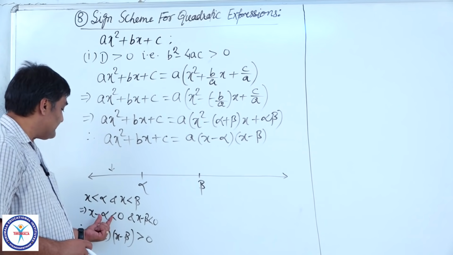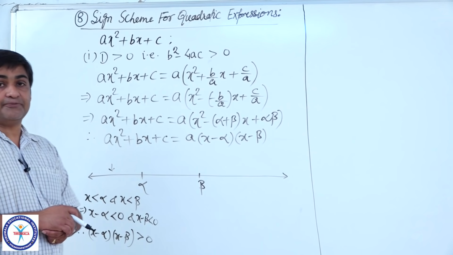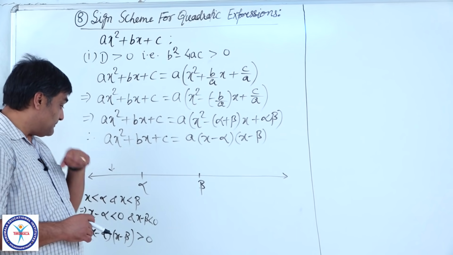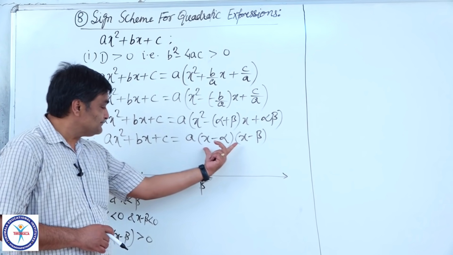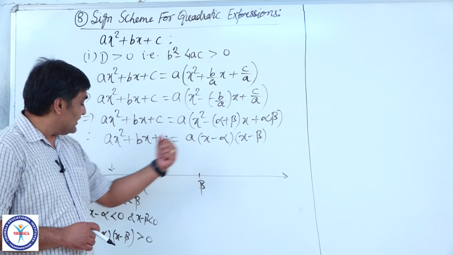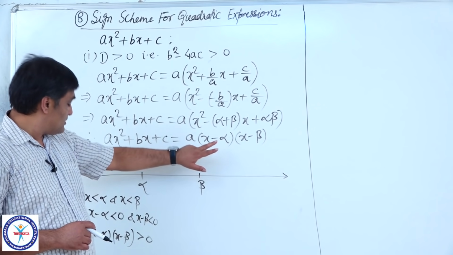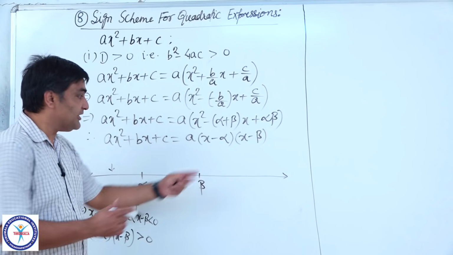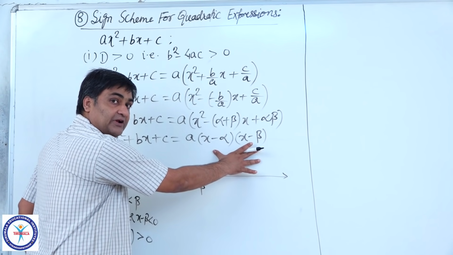Here, x minus alpha, x minus beta both are negative, so their product will be positive. Now come here. See, x minus alpha into x minus beta is positive.